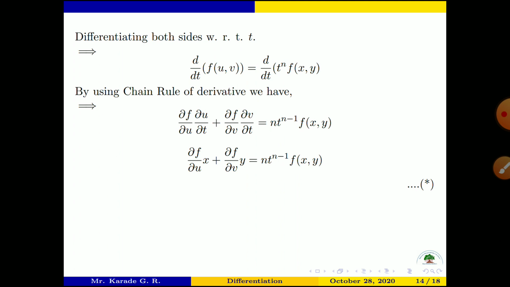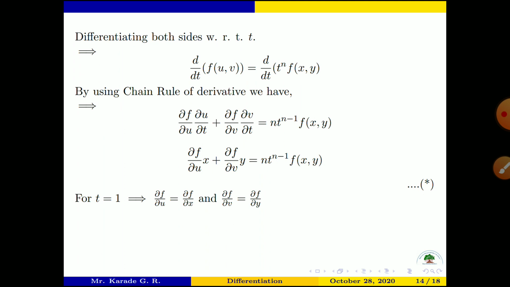On the next step we write ∂f/∂u, and the derivative ∂u/∂t is x, plus ∂f/∂v, and the derivative of v with respect to t is y. It is equal to n t^(n-1) f(x, y). Now on the next step we put t = 1.